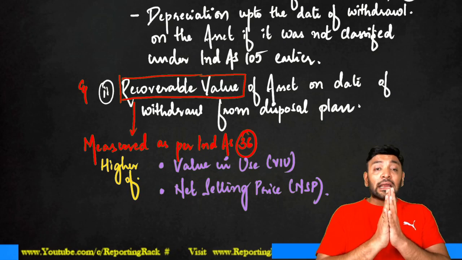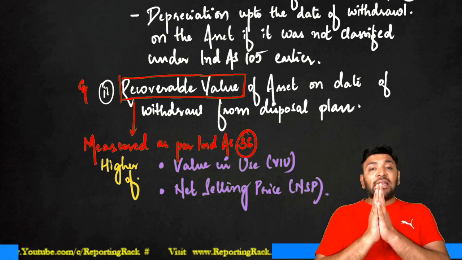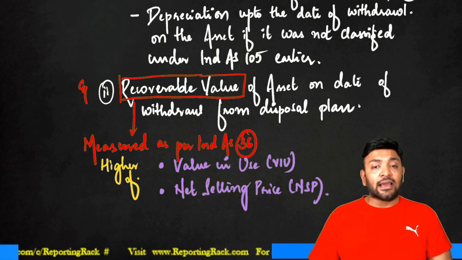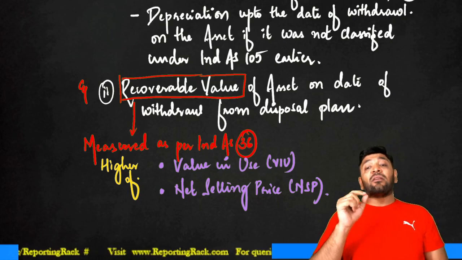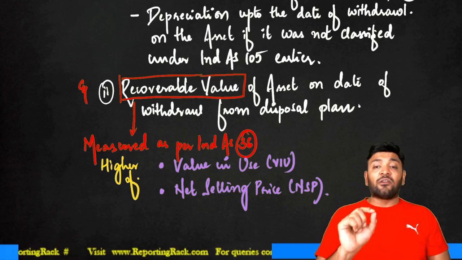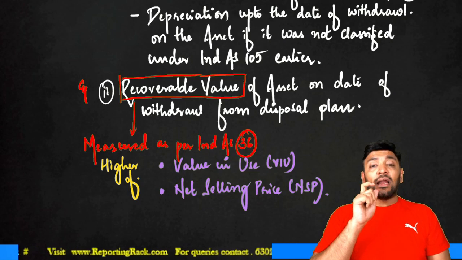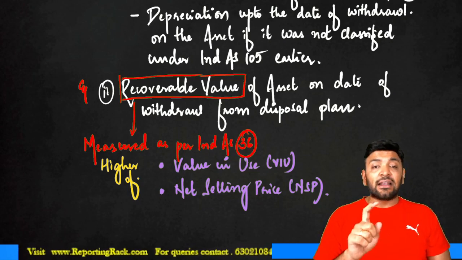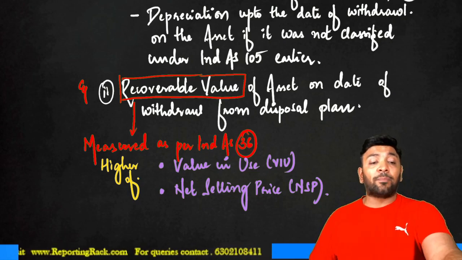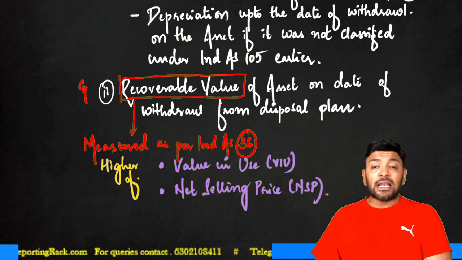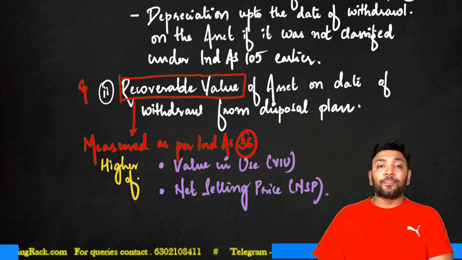That should be the carrying value of the asset on the date of withdrawal if it was never classified as Ind AS 105 earlier, and the recoverable value of the asset on the date of withdrawal from disposal plan, lower of these two, should be the value at which I will measure the asset whenever I withdraw from the plan of disposal. Whenever I withdraw from the plan of disposal, this will be my measurement.